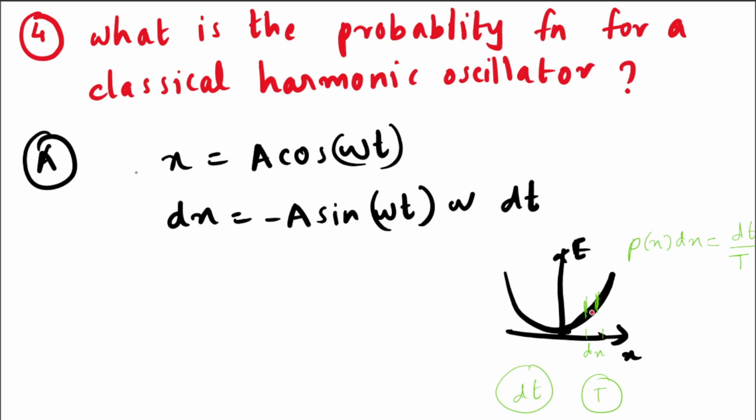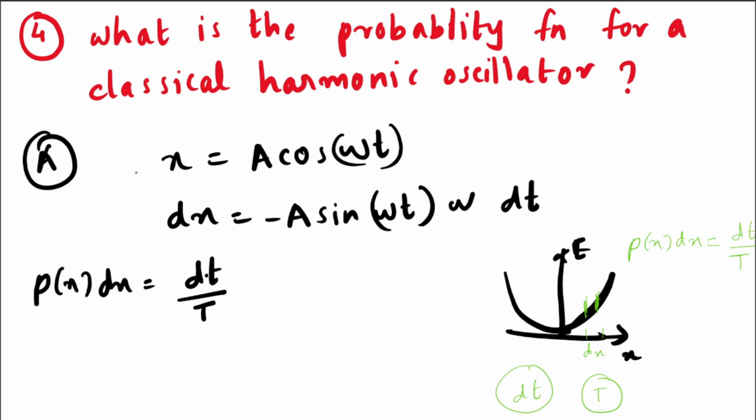That is the probability of the particle to be seen within this region dx. So we can write P of x dx is equal to dt by T.